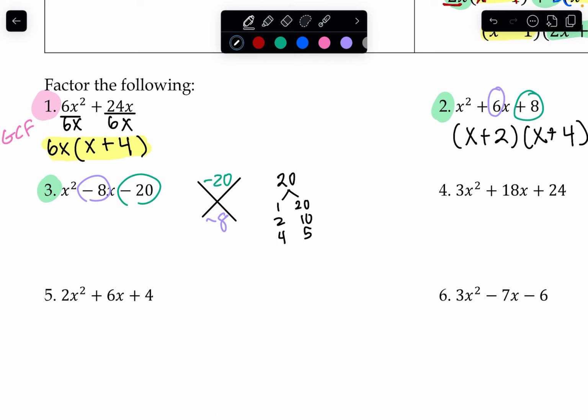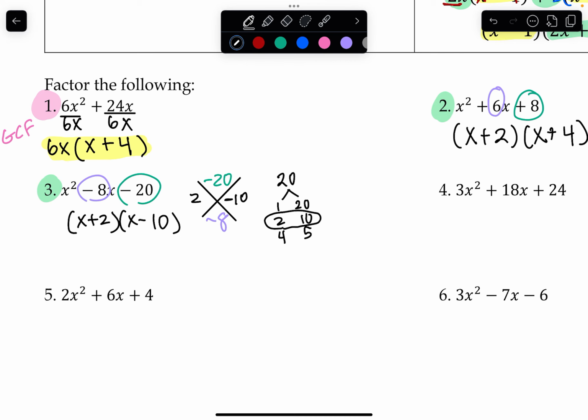And so the only promising pair to get to negative 8 is the 2 and the 10. And then we just need to decide which one needs to be negative. Because 8 is negative, the 10 would need to be negative, because 2 plus negative 10 would give you that negative 8. And so one of my factors is x plus 2 because it was positive 2. The other factor is x minus 10.